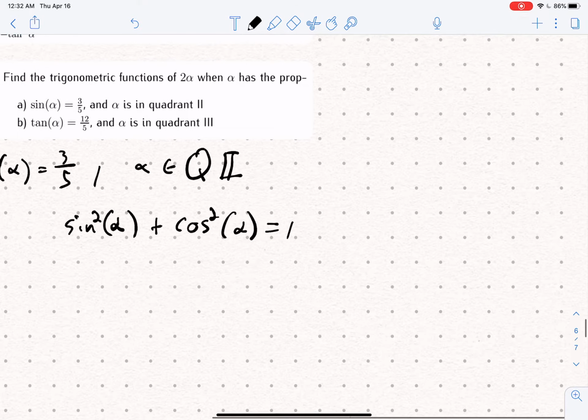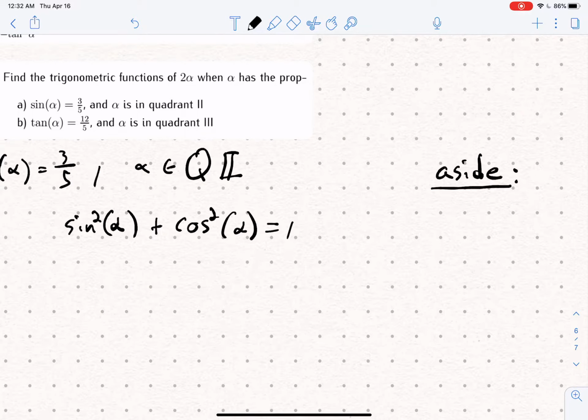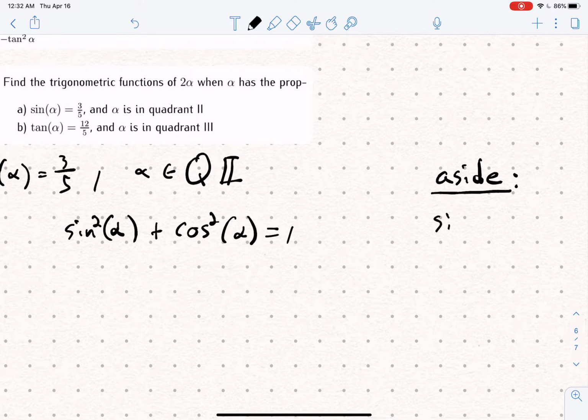Now, an aside about one of the more annoying notational things in mathematics. When we write sine squared alpha, this doesn't really make a lot of sense because the squared is really being attached to the output of the sine function. If I give you an angle alpha, what this is telling you to do is plug the alpha into sine, get the answer, and then square it. So what it really should look like is sine of alpha, whole thing, squared.